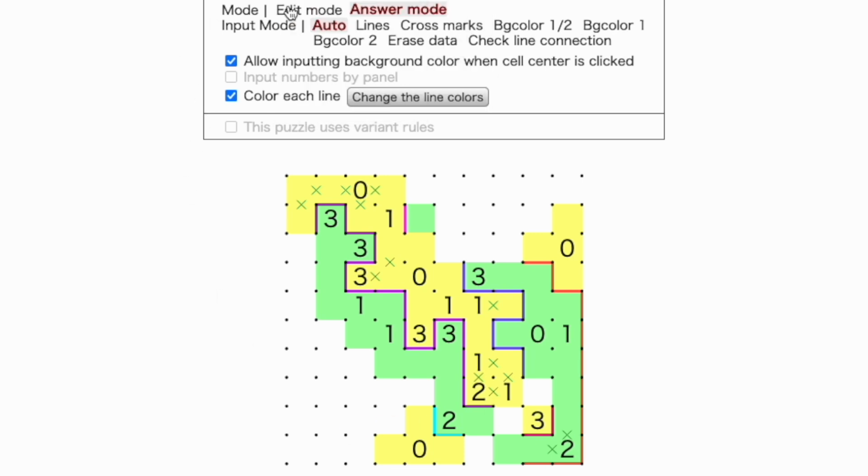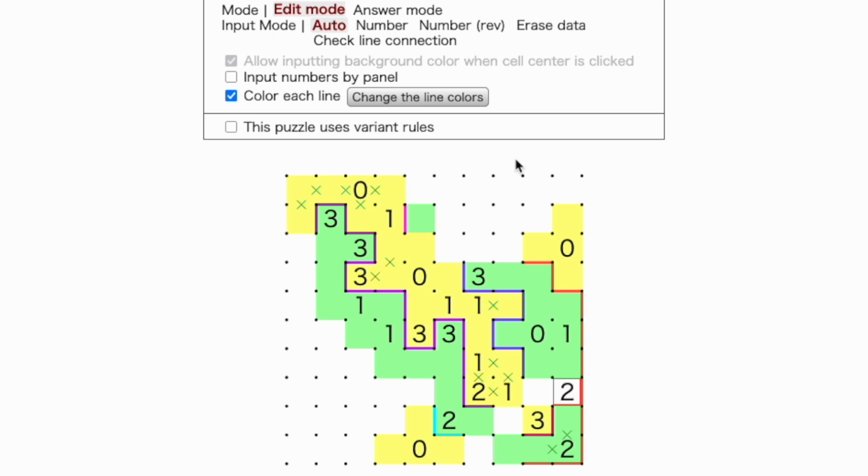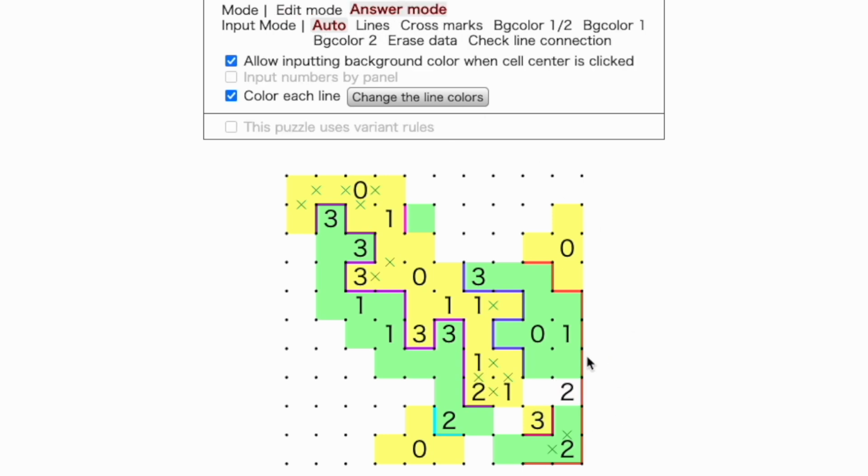Okay, and let's put a 2 here. 2s are the weakest numbers in a Slitherlink in terms of giving us information. This 2, though, now that we know what color it is, we know that that is the other line.